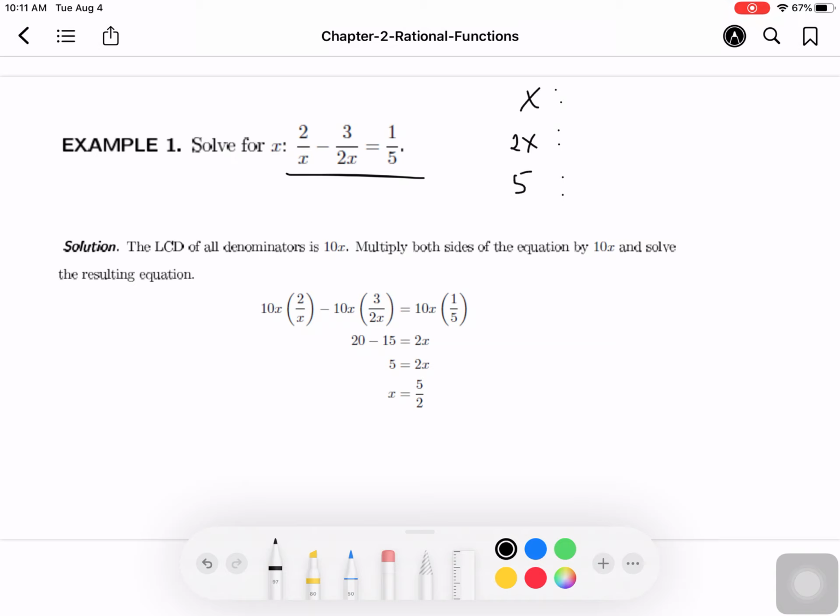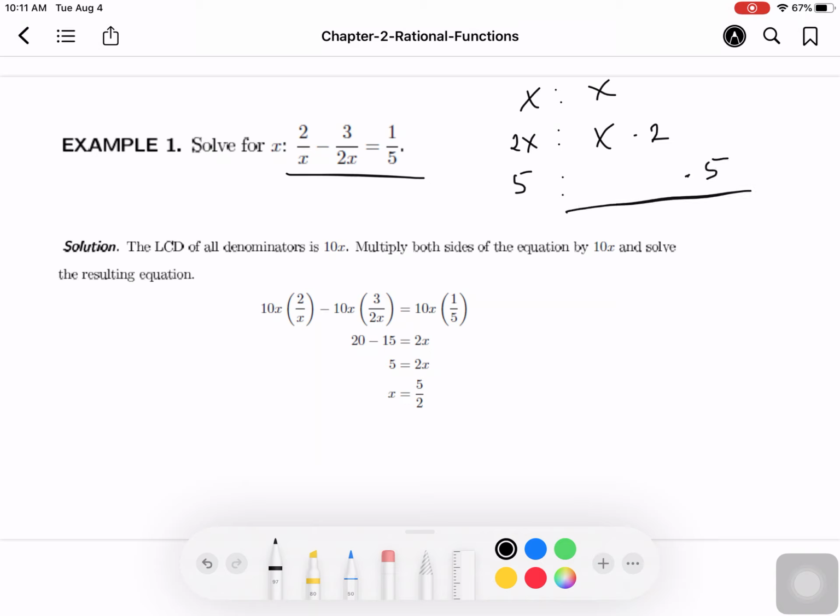So to find the LCD, we need to list down all the factors of each term. So for x, what are the factors of x? Only 1 and x. So do not write 1, x lang. For 2x, the factors are x and 2. So times 2. So that is 2x. We'll write it by column. So 5, we'll write it here.